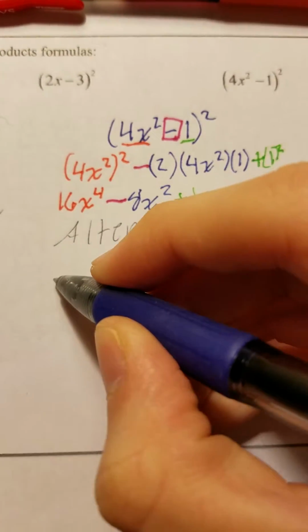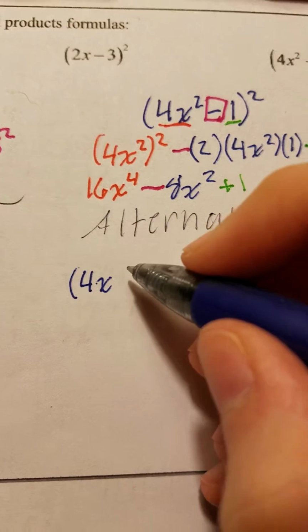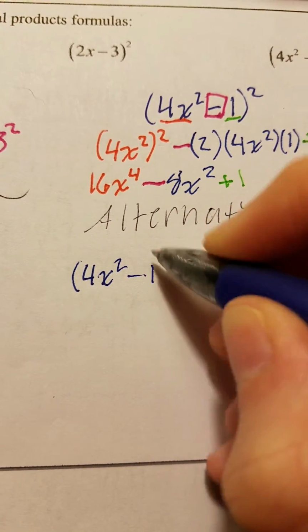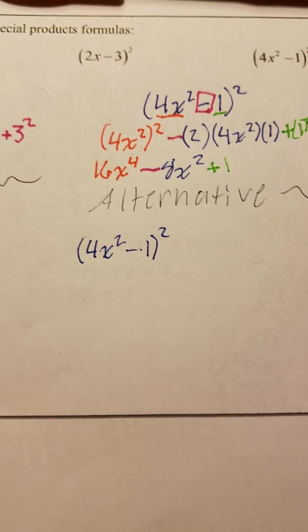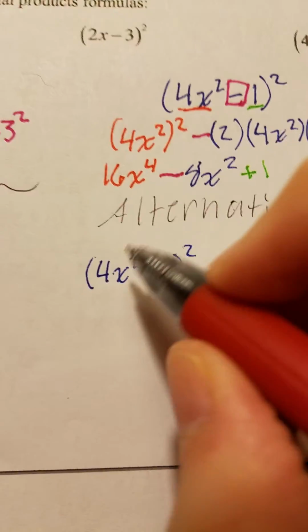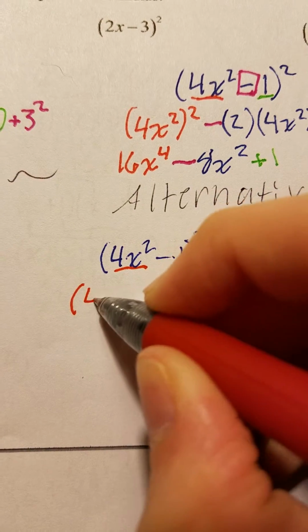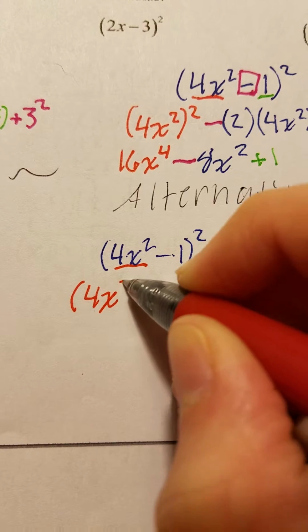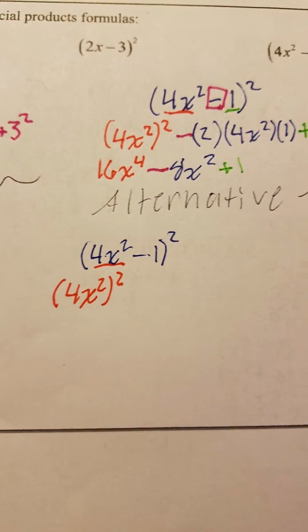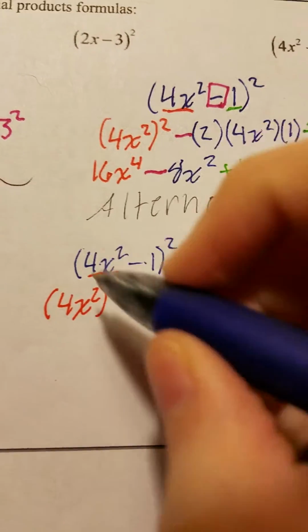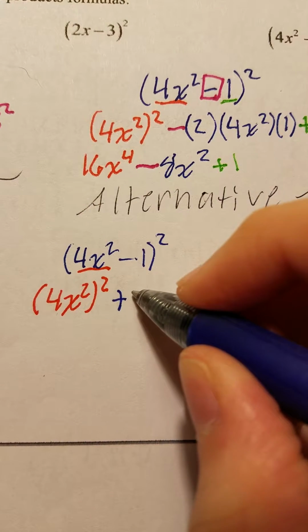So we're going to go 4x squared minus 1 squared. Like before, your first thing is you square your first term, 4x squared. And then you multiply everything by 2.